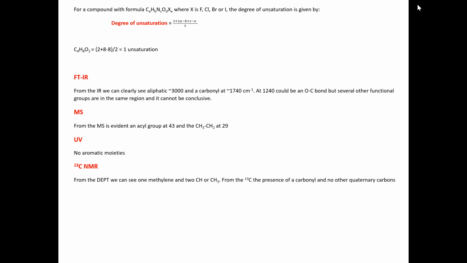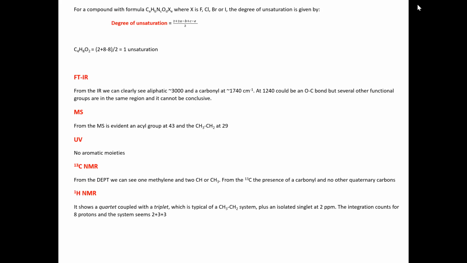Sometimes it happens that some of the carbons are overlapped. So if you have, let's say, 7 carbons and you see only 6, there is a chance that 2 of them are overlapped, or 2 of the carbons are equivalent. So there is some symmetry. Always consider all of them.